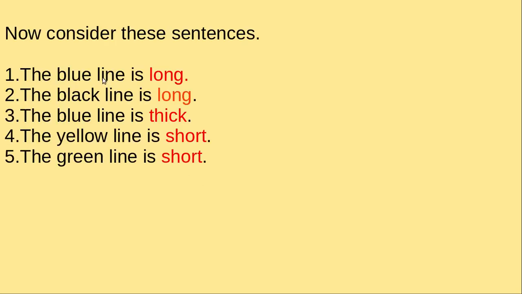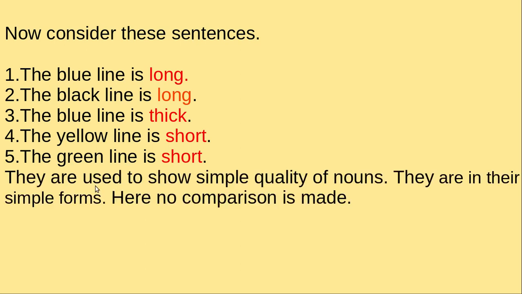Now consider these sentences. The blue line is long, the black line is long, the blue line is thick, the yellow line is short, the green line is short. They are used to show a simple quality of nouns. Blue line is long, that means it shows the length of the blue line, but nothing else, right?